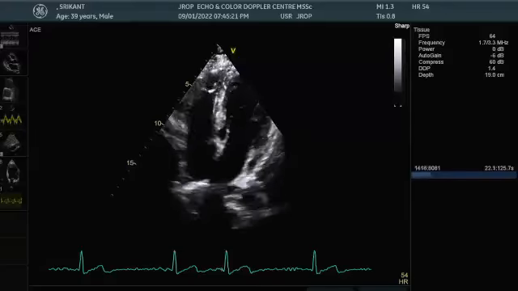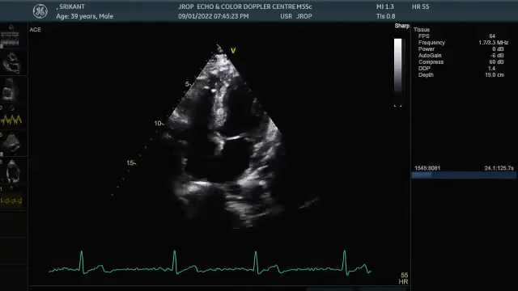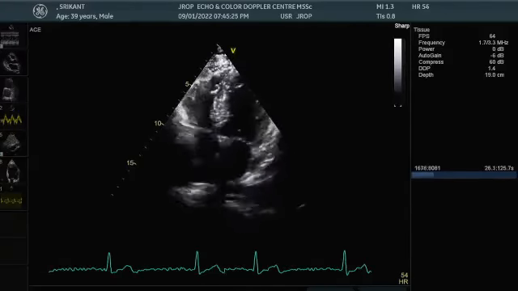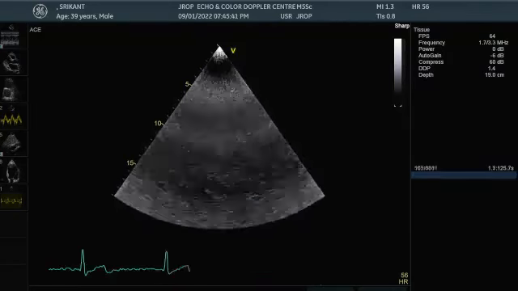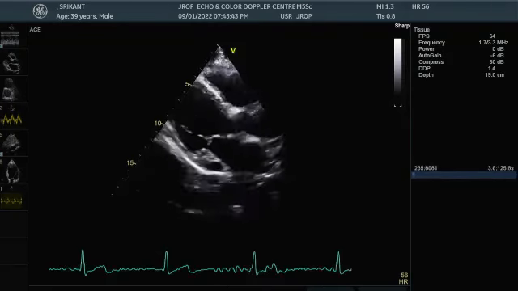Sir, another question. As we know the Doppler principle, the flow should be as parallel as possible to the Doppler beam. But in the parasternal window, the aortic flow and mitral flow are perpendicular to the Doppler beam.